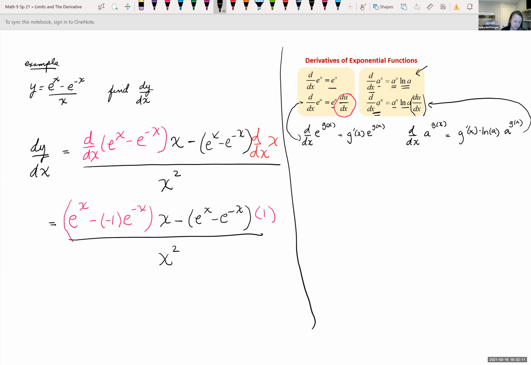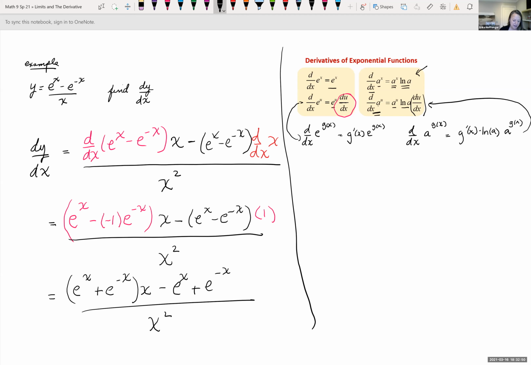So let's look at this and clean it up a little bit. Right here, in the first parentheses, we have e to the x minus a negative, so plus e to the negative x, all times x, minus, well, let's distribute that negative, e to the x plus e to the negative x, all over this quantity squared.